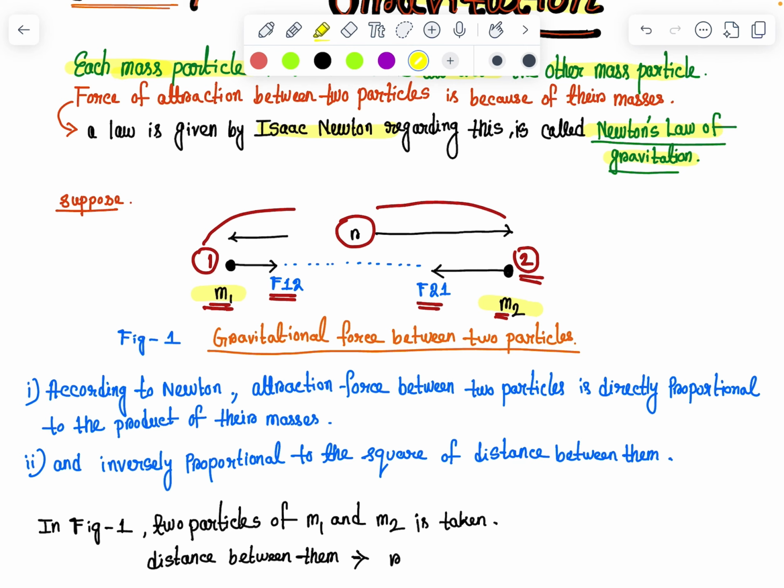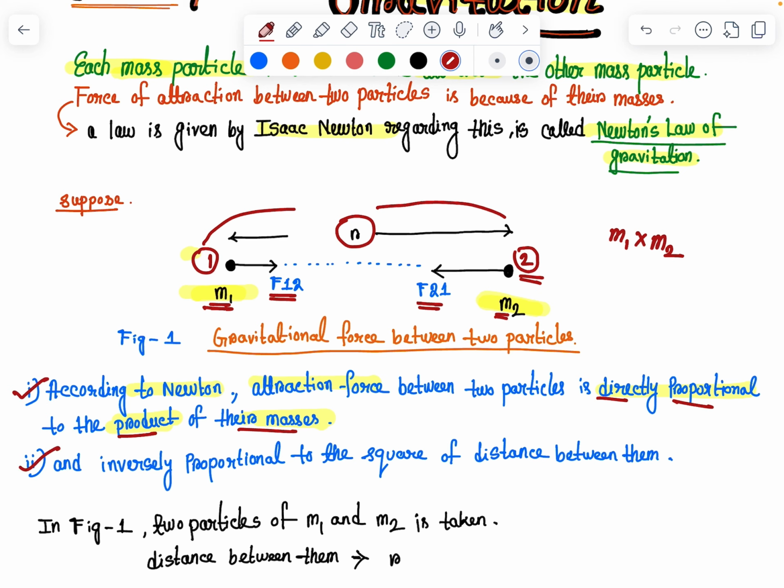According to Sir Isaac Newton, the attraction force between these two particles, m1 and m2, will be directly proportional to the product of their masses, that means m1 into m2. That is the first part.